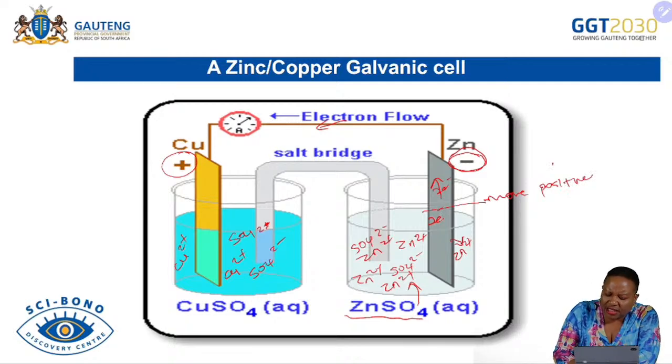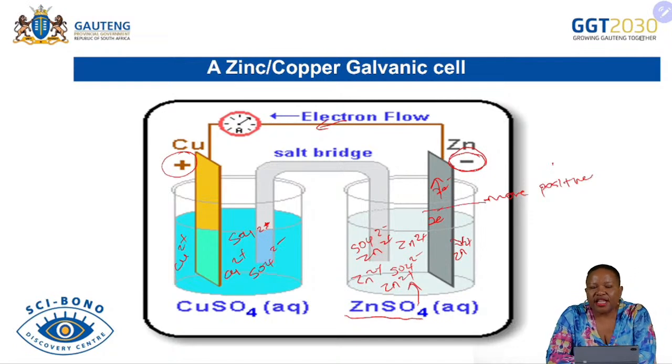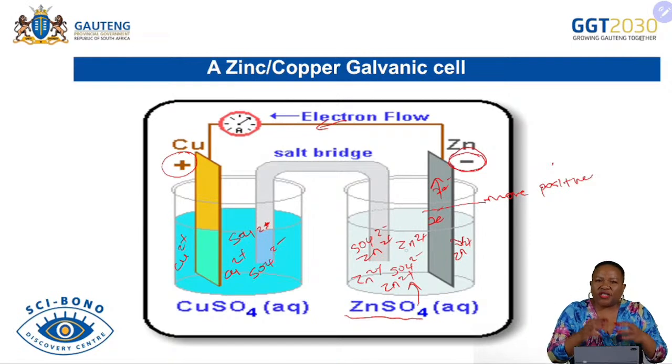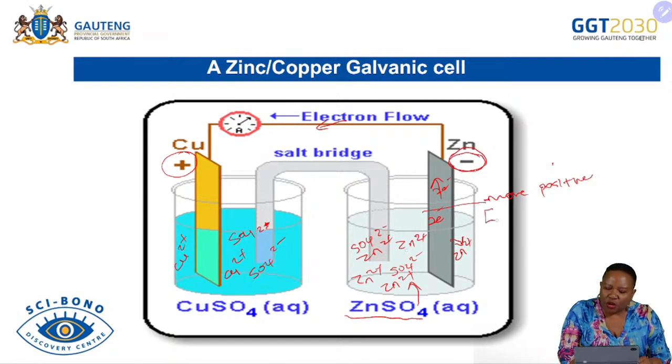If the side of the zinc is more positive, it means now there is an imbalance in our electrolyte. It is no longer neutral as we started. So this side is more positive because of the zinc ions coming, and we will end up saying the concentration of zinc 2 plus ions increases.